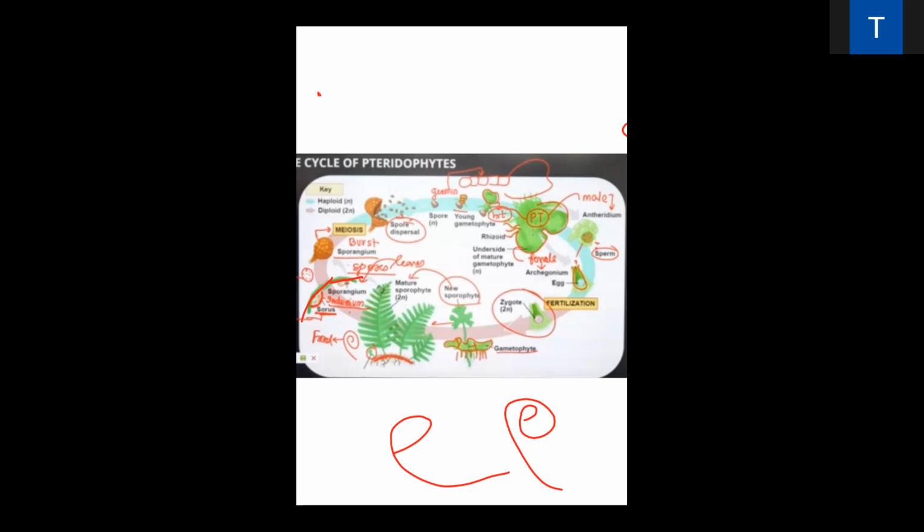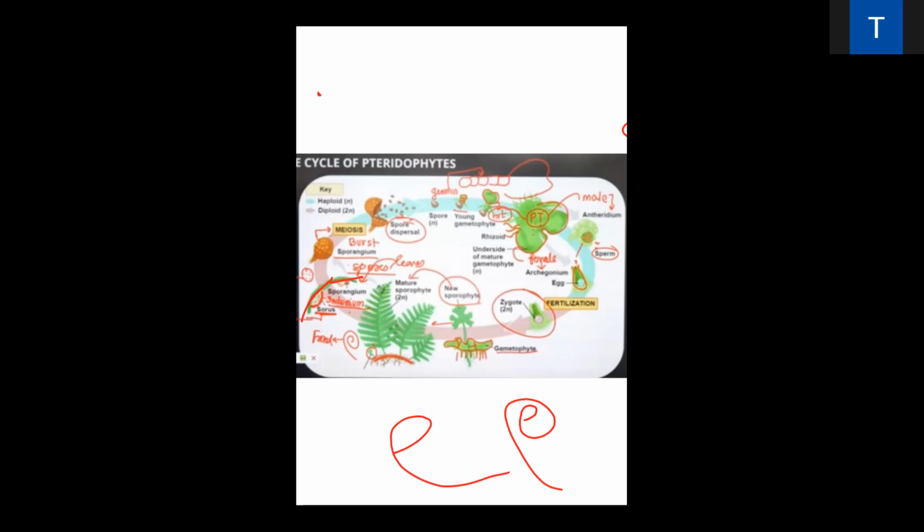indusium. In the sporangium, meiosis occurs, which is haploid division, and when the sporangium bursts, it spreads the spores. The spores spread and a heart-like structure originates, known as the prothallus. The prothallus develops into either male or female.